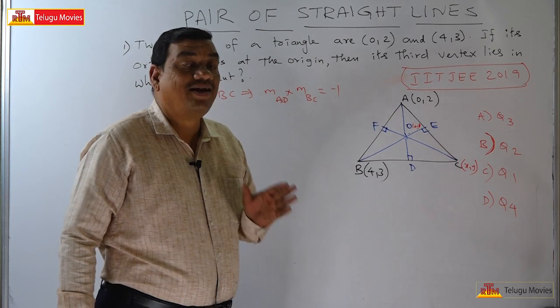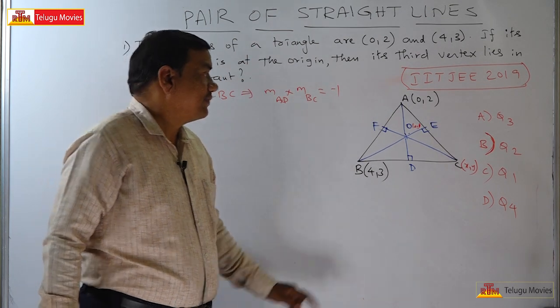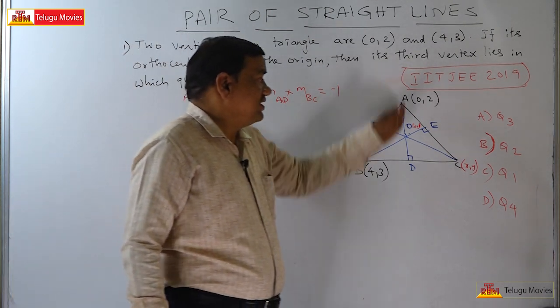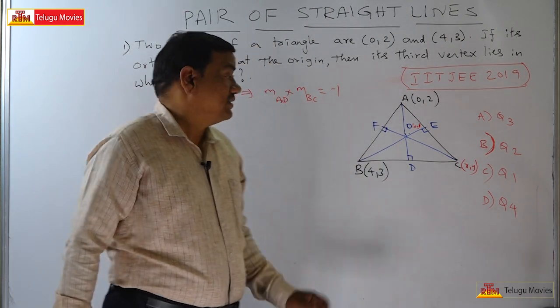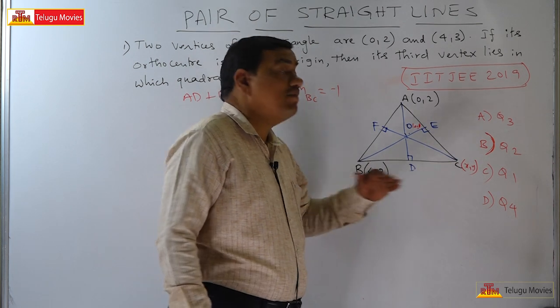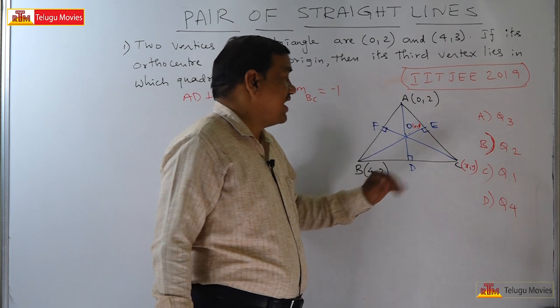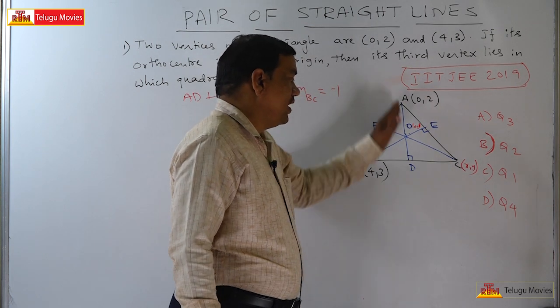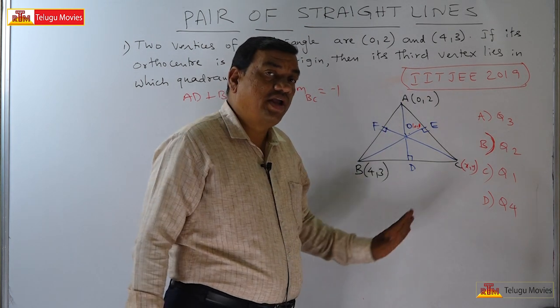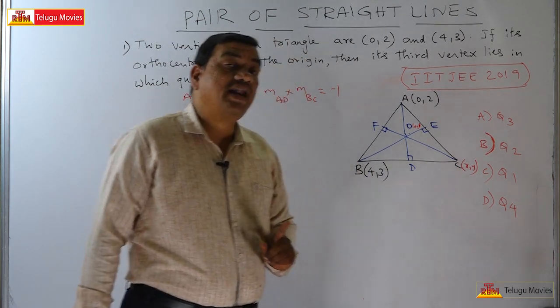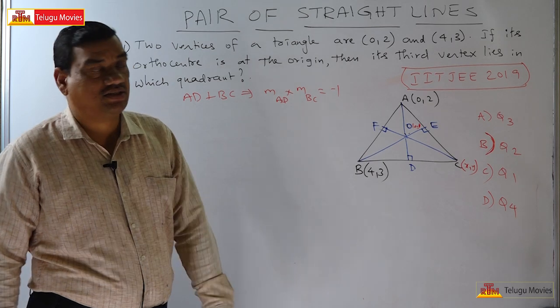The point A lies on the y axis, and the origin also lies on the y axis. That means AD is the y axis, and BC is a line parallel to the x axis.